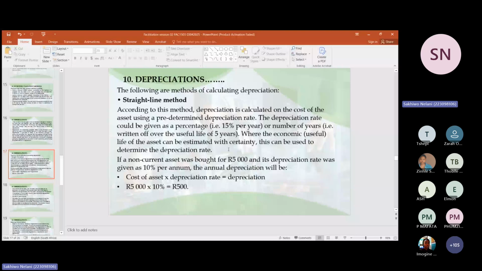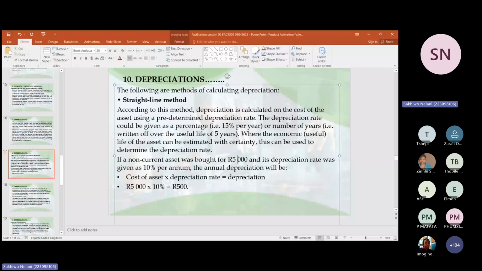Straight line method: we agreed as management to say our vehicles are depreciating at 15% per annum. Let us increase the value so that we can be practical.